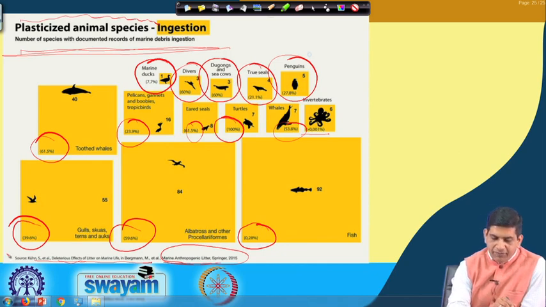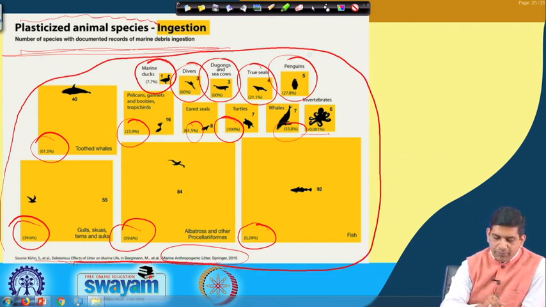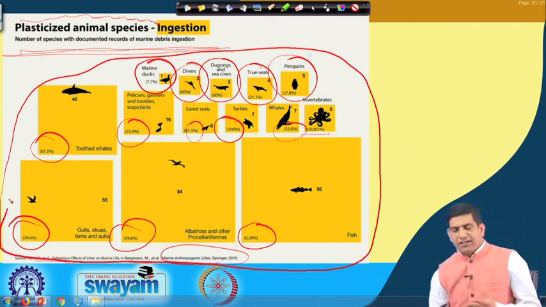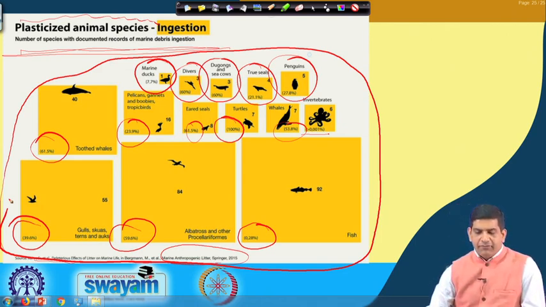So we have what's called plasticized animal species. All these animal species are showing plastic in them, some more, some less, based on the numbers they looked into, and they found these different percentages in which plastic was present in the body of these animal species.